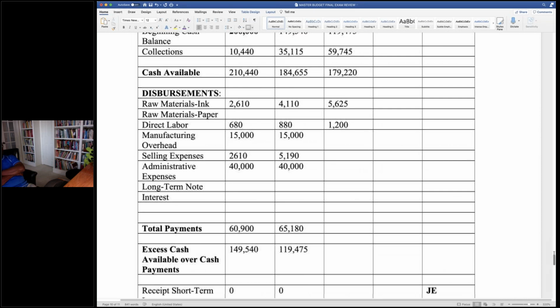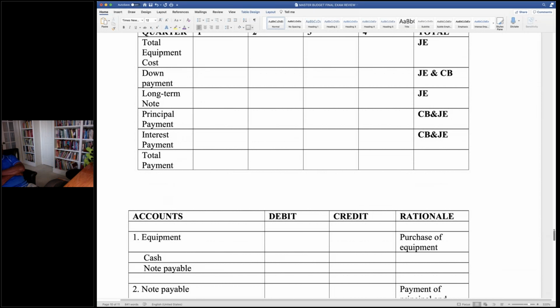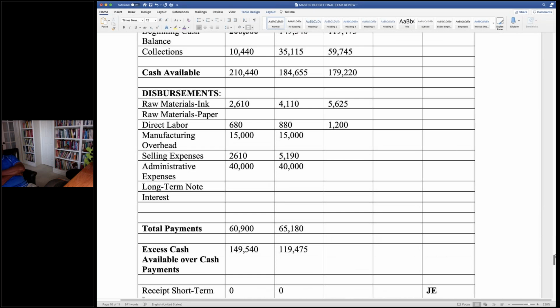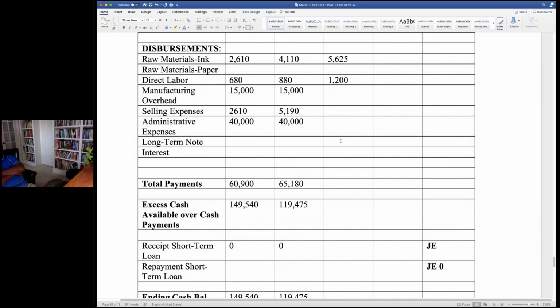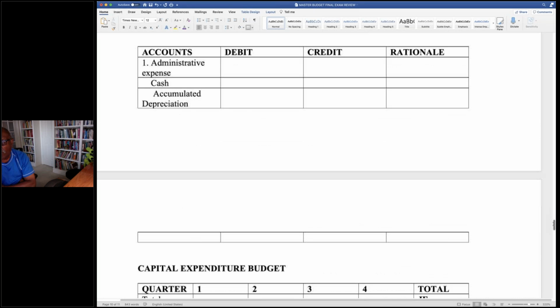Same thing. Administrative expenses, same thing too. All you gotta do is get the selling expense. To the selling expense we go.